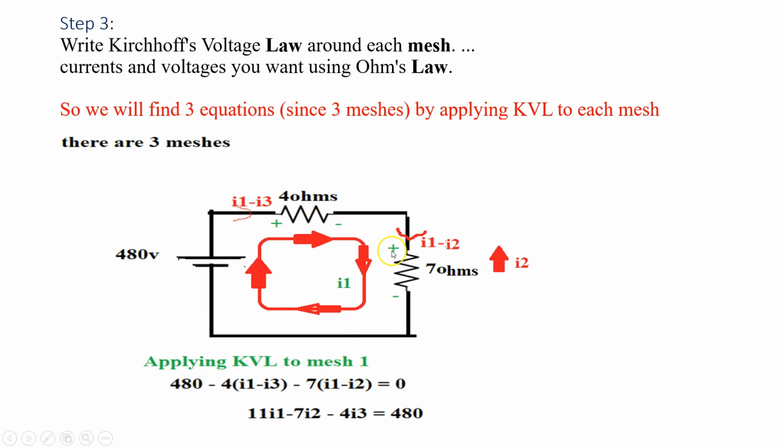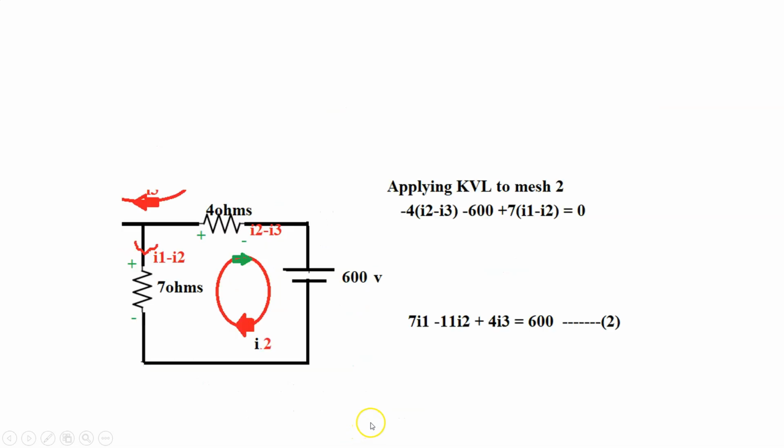Entering here, so plus, and leaving at minus, so it is minus 7 into I1 minus I2 equal to 0. Step by step, 480 minus 4I1, minus to minus is plus, so plus 4I3 minus 7I1 plus 7I2. Solving step by step, finally I will be getting this equation: 11I1 minus 7I2 minus 4I3 equal to 480.